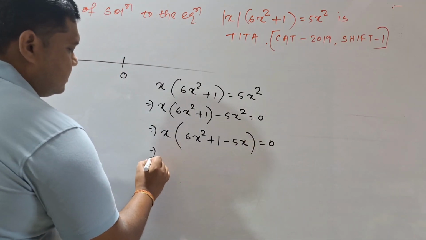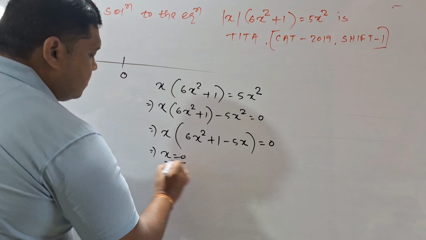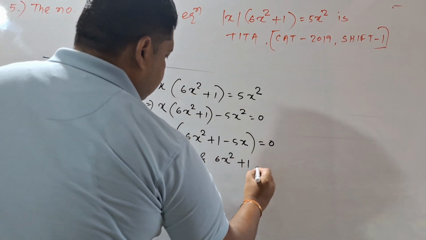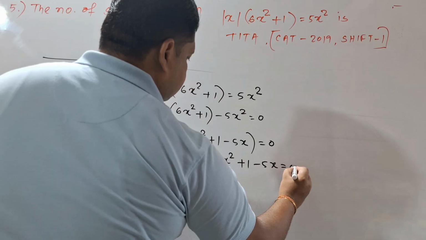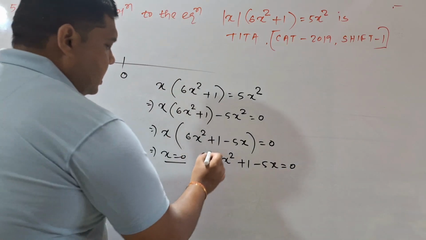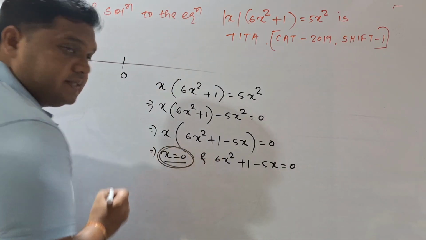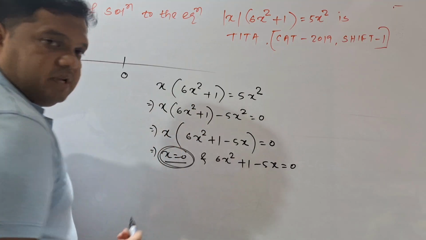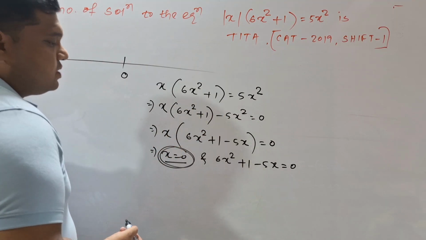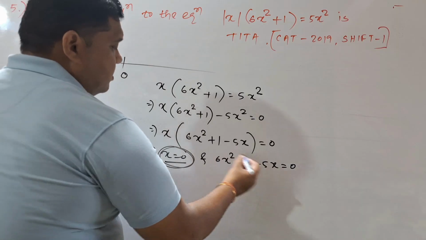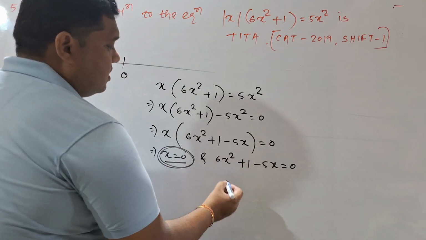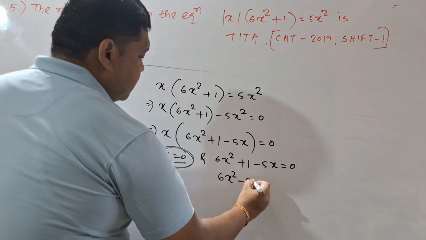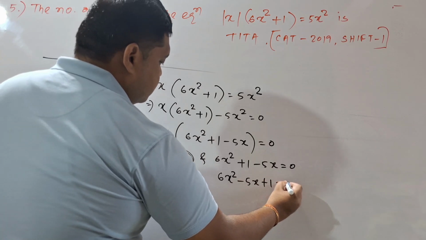So here x equal to 0 is one solution, and 6x square plus 1 minus 5x is a quadratic equation. Now x equal to 0 satisfies this equation. This can be written as 6x square minus 5x plus 1 equal to 0, a quadratic equation.